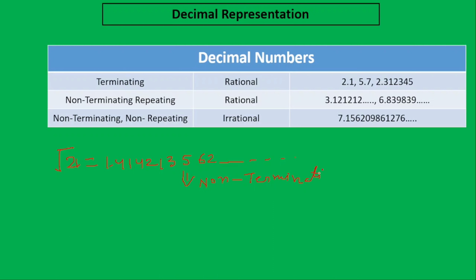So it's non-terminating, non-repeating. Hence it's an irrational number. By looking at the decimal representation, you can say whether the number is rational or irrational.